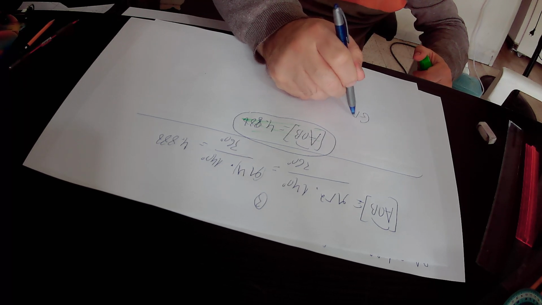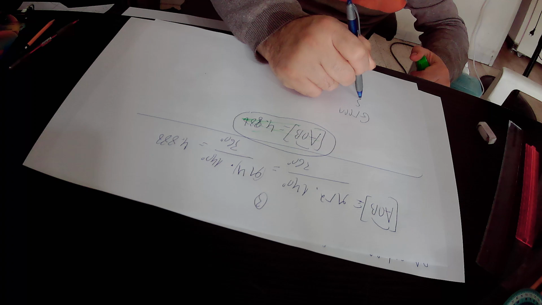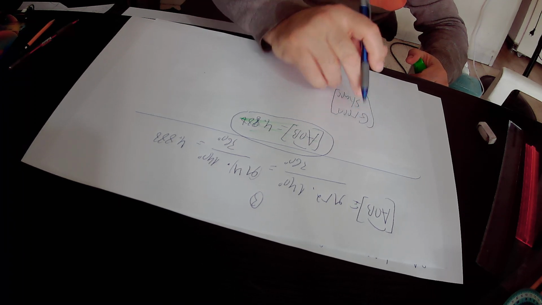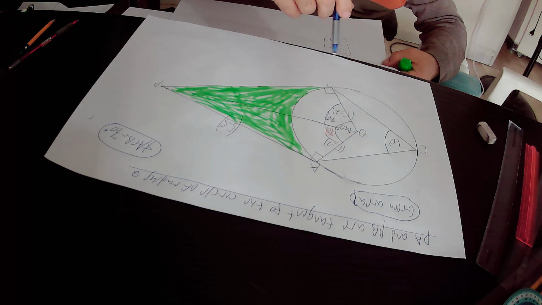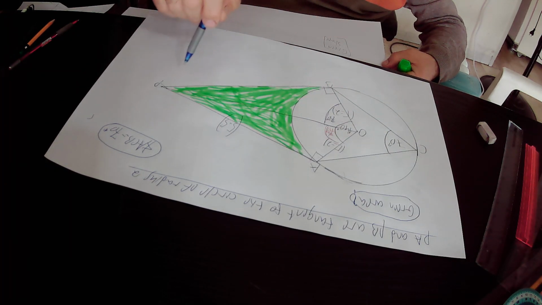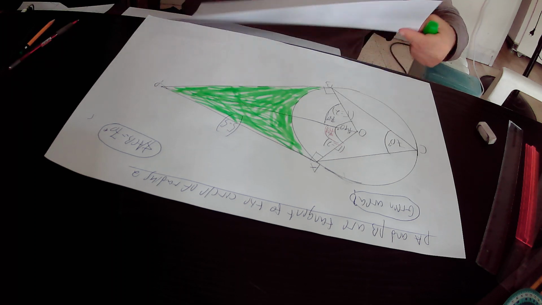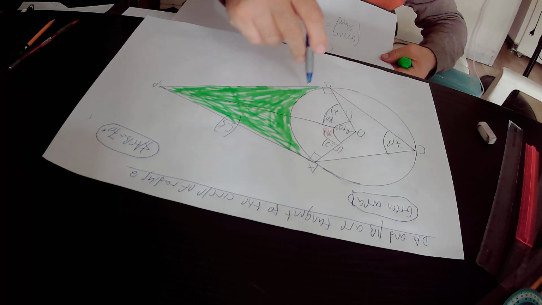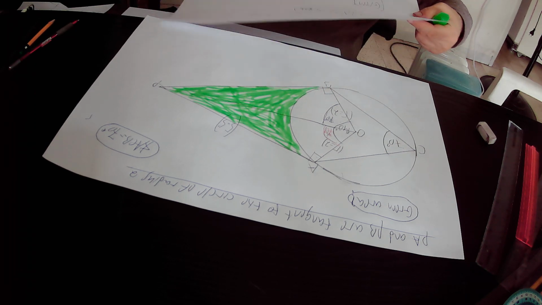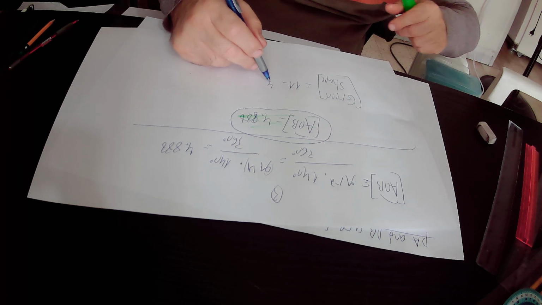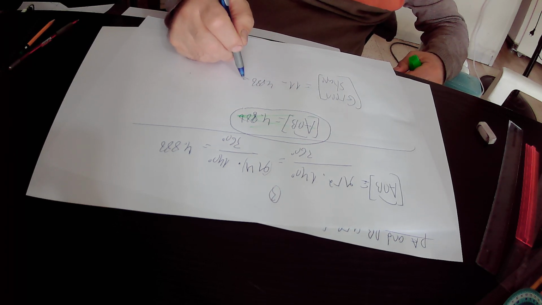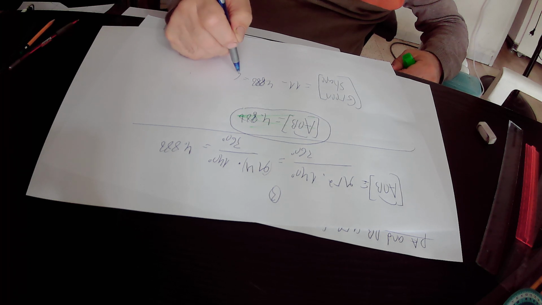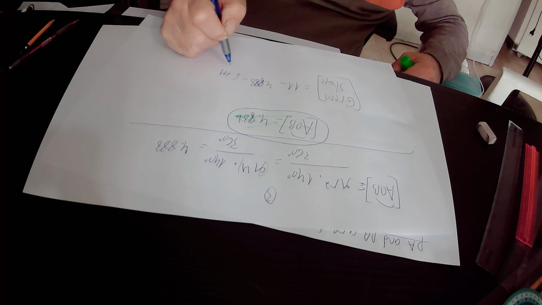The area of the green shape is equal to the area of this quadrilateral AOBP, that is 11 square units, minus the area of this sector AOB that we just found out, that is 4.888 square units. 11 minus 4.888 is 6.111 square units.